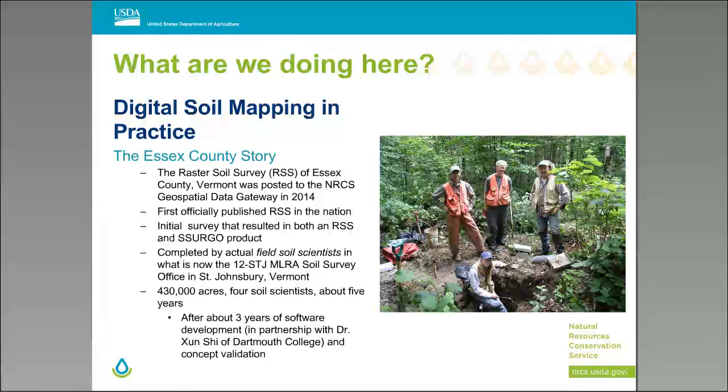But it did end up being the first NRCS officially published raster soil survey in the nation. It was an initial survey that resulted in both a raster soil survey and a SIRGO product. I'm going to focus on the raster side of things. We will touch on the SIRGO part today, but this is really about the raster side and focusing on the DSM part of it.